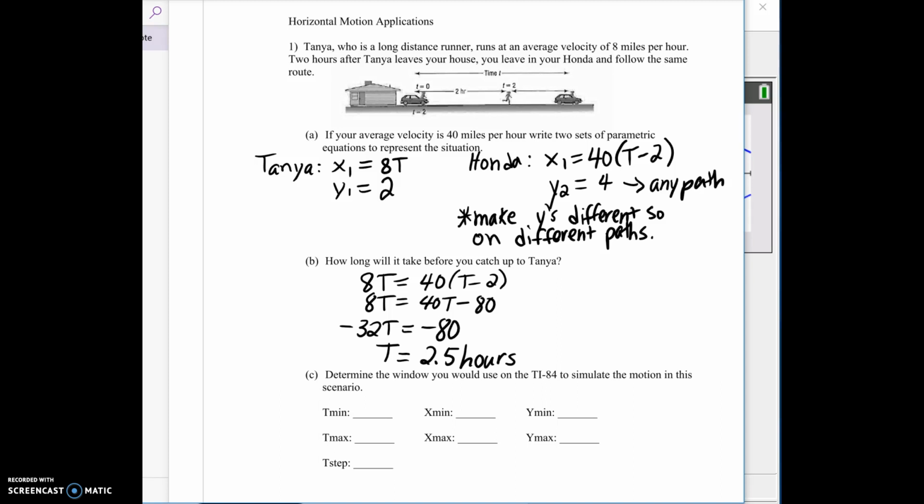Now, usually I'm a little more specific. How long will it take for you to catch up to Tanya? It's really from when you leave. So if you do 2.5 minus the 2 hours, it will take you 0.5 hours, or you could put 30 minutes if you want, to catch Tanya after you leave.